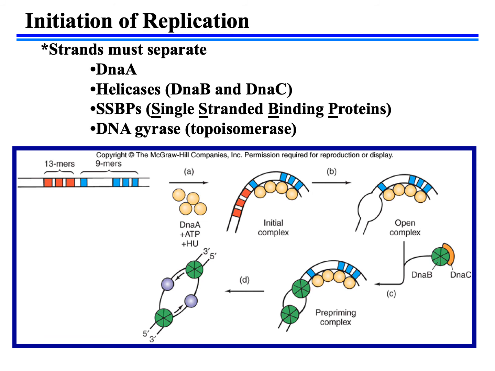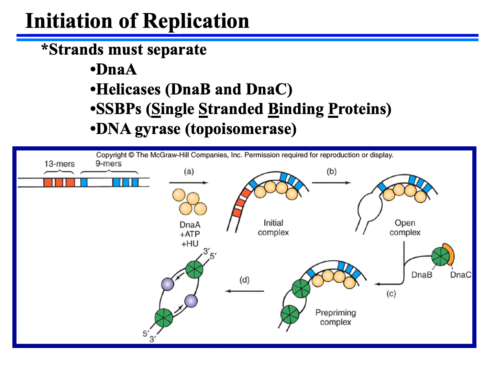So what I want to start off with then is, after we've talked about the structure of the replication origin, the first enzyme to come into play is an enzyme known as DnaA. DnaA in this particular figure is those cream-colored circles, and these are proteins that bind to the 9-mer sequence.